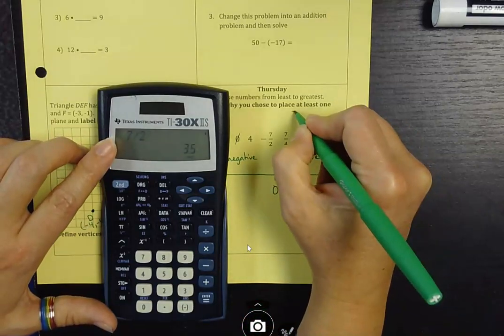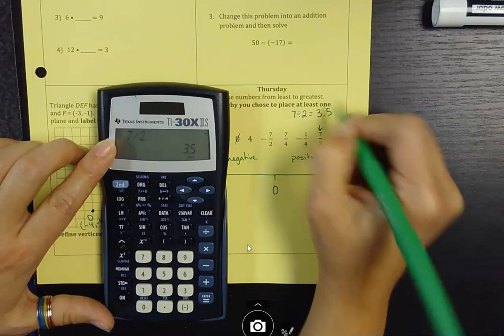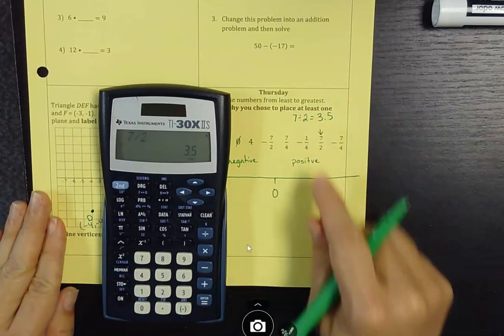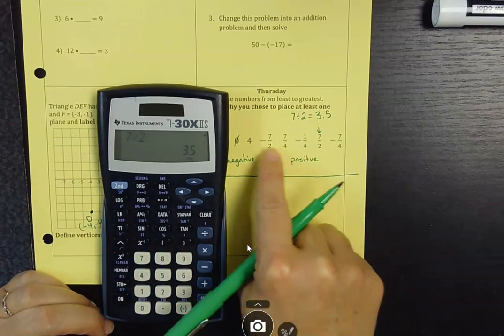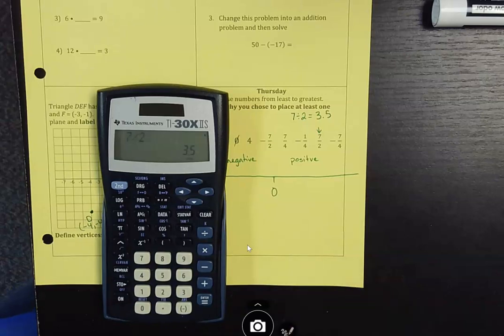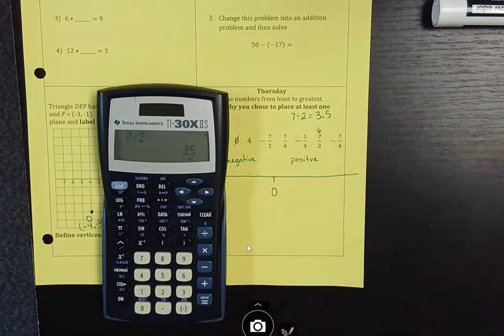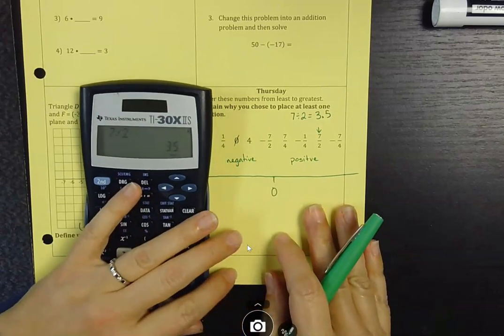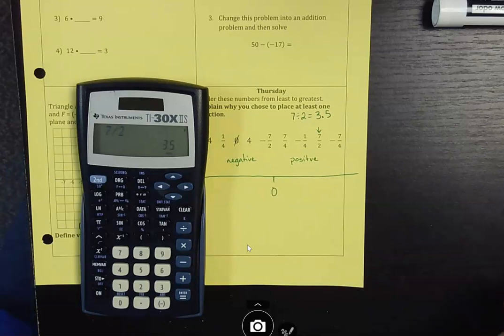So to explain, I might do 7 divided by 2 is equal to 3.5. Seeing it as 3.5 will help me know where it fits on my number line. So you can do that with the other fractions that are here too, if it helps you to see it as a decimal and know where to place it on your number line. So remember your calculator, use that division symbol, and it will help you.